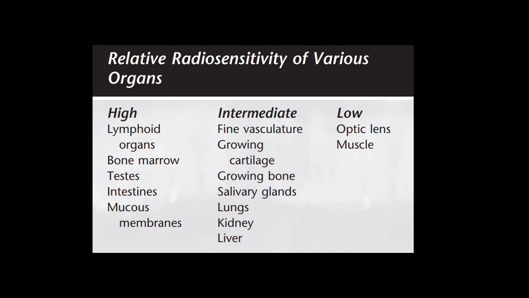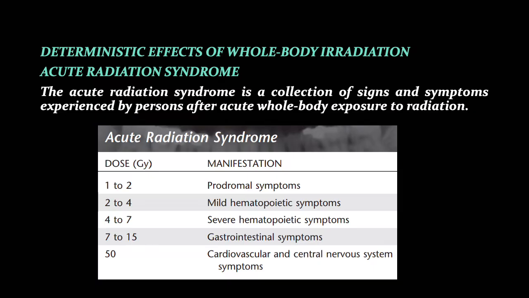Highly radiosensitive regions are the lymphoid organs, the bone marrow, testis, intestines, and mucous membranes, which undergo constant renewal, so they are undergoing mitosis at a very high rate. Intermediate are fine vasculature, growing cartilage, growing bones, salivary glands, lungs, kidney, and liver. And low radiosensitive areas are optic lenses and muscles.